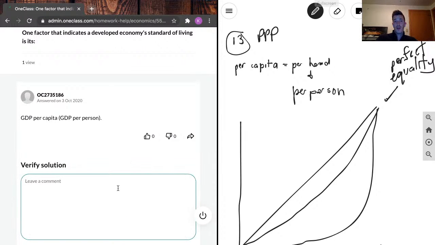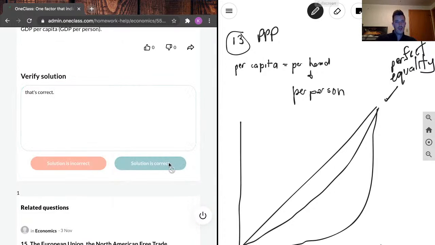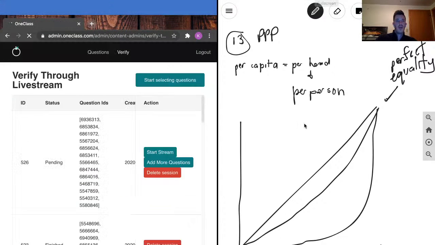Those are a couple others on top of GDP per capita, but GDP per capita is certainly the number one way. So I'm going to say that's correct. I think that should wrap it up here.